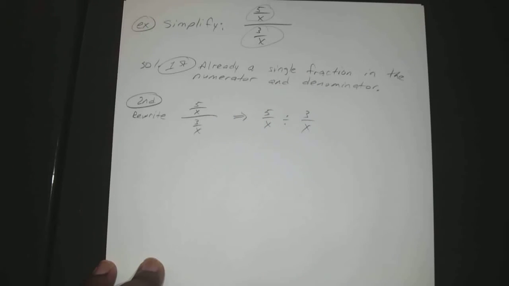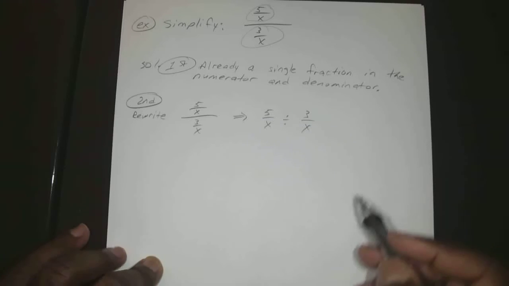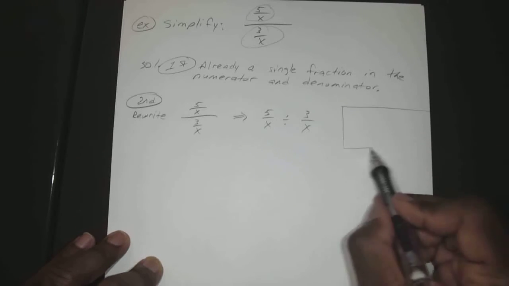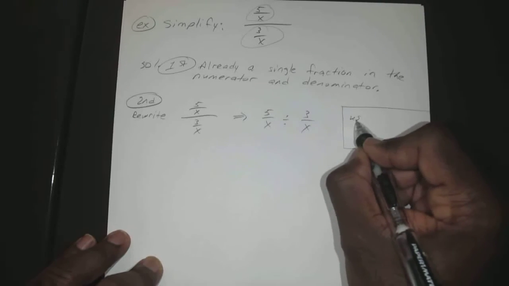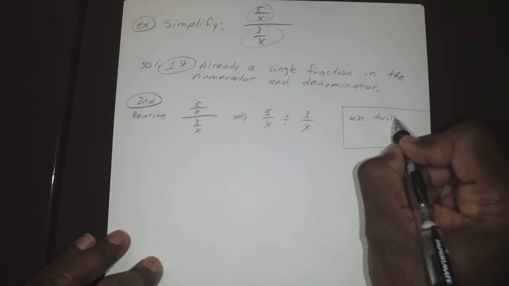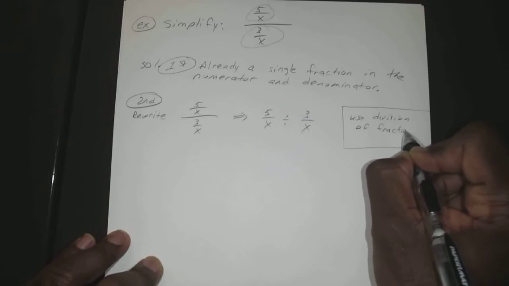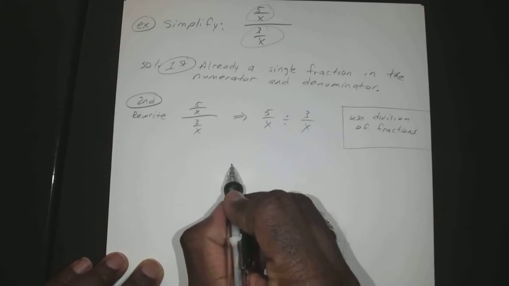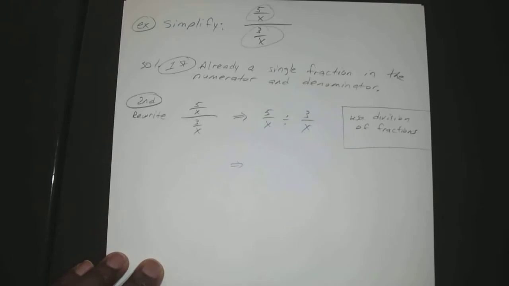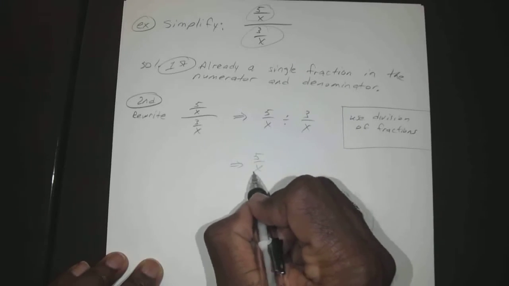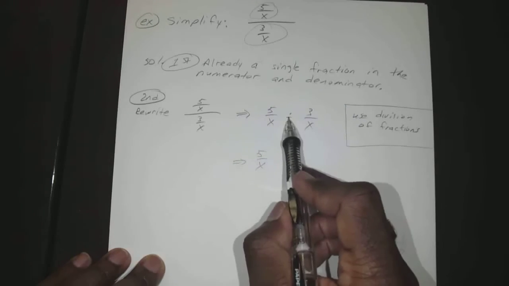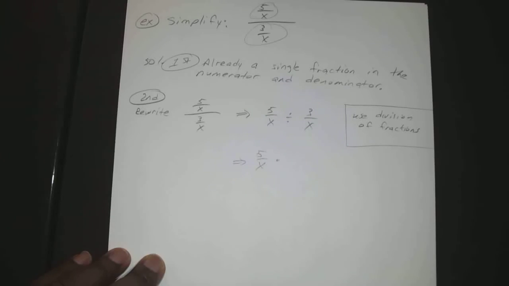Okay. So now you just have two fractions. So this is where you use division of fractions. Okay. And remember with that one, you write down the first fraction, which is 5 over x. Your division changes to multiplication, and then you flip the second fraction.